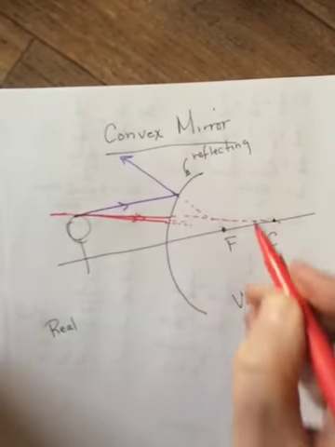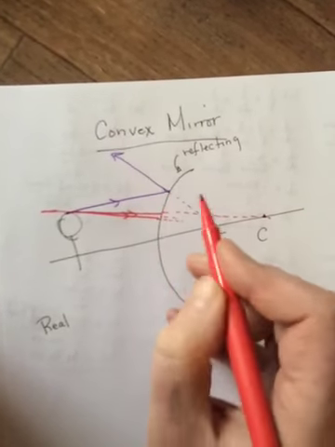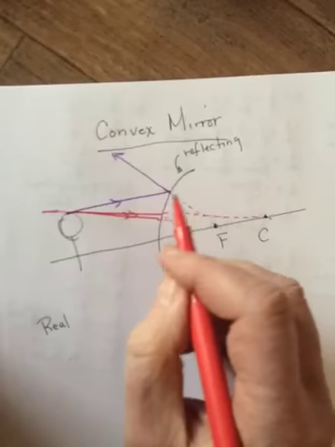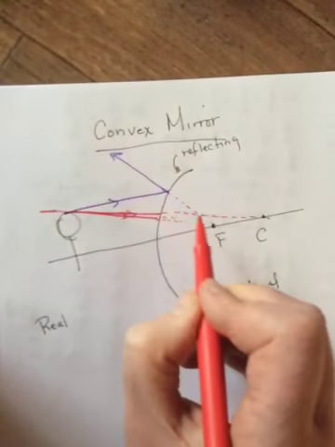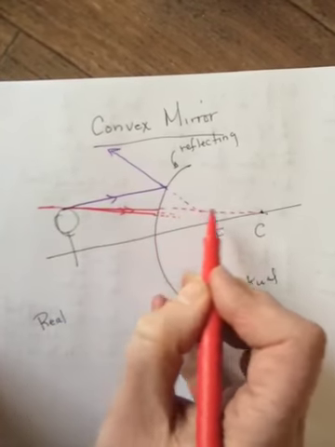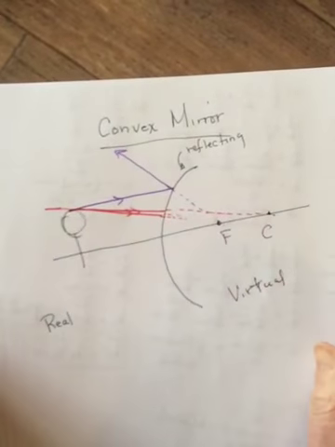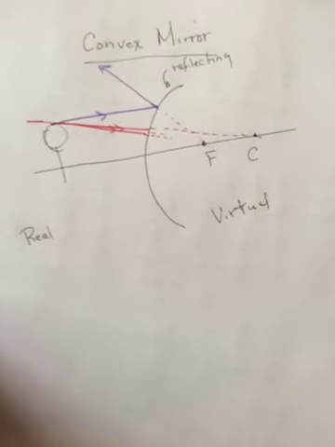Okay? And where they cross, that's where the image will be. Okay, so there were two rays. One going in parallel to the principal axis will get reflected in such a way that it'll appear to come from F, and one that appears to pass through C on the opposite side of the mirror will get reflected back on itself.